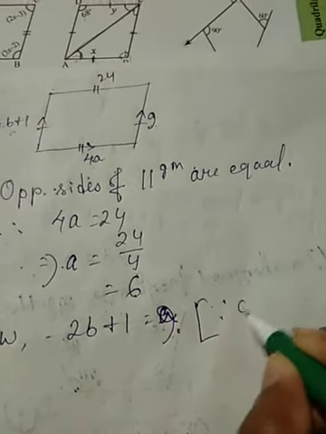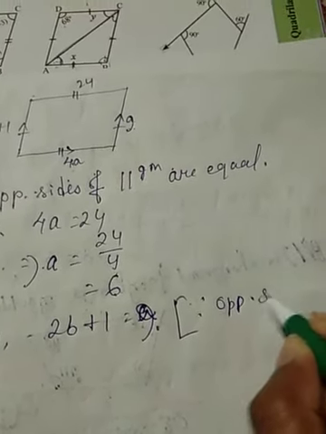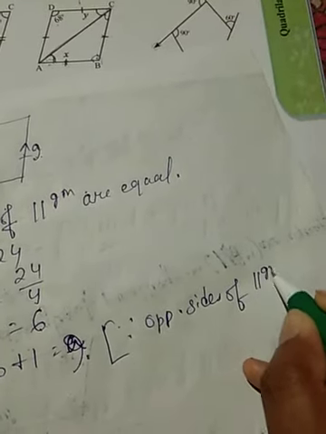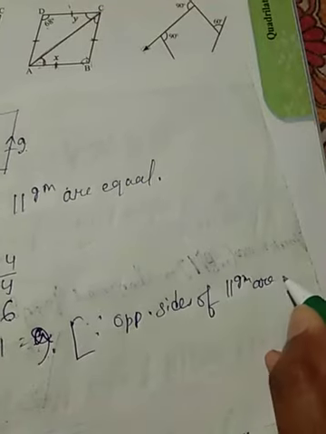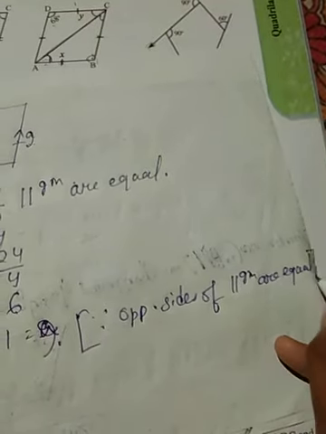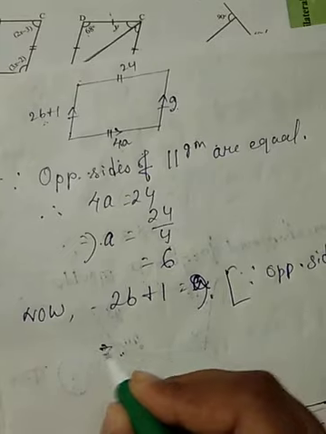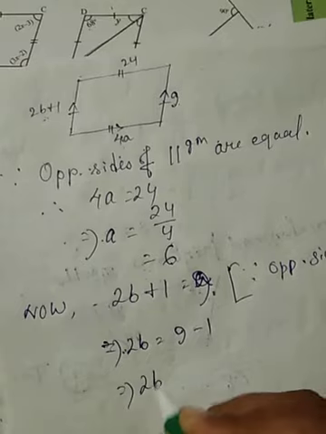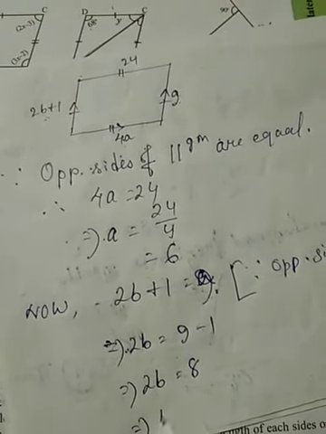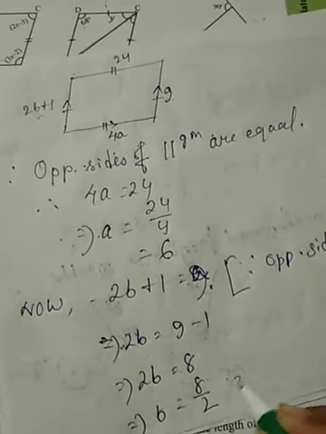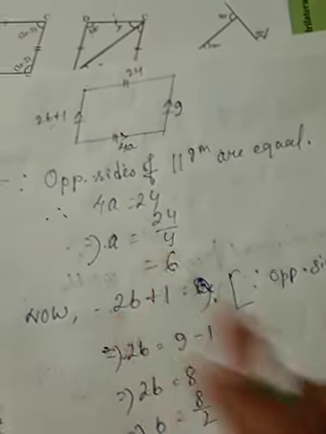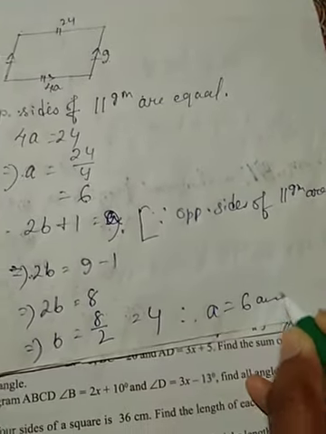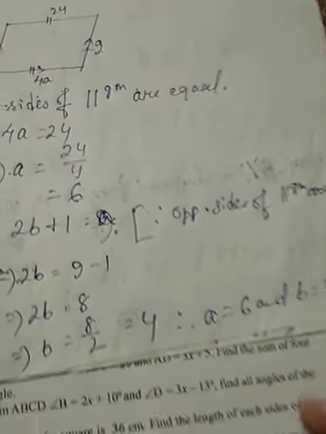Since opposite sides of parallelogram are equal, implies twice B equal to 9 minus 1, then twice B equal to 8, implies B equal to 8 by 2 equal to 4. Therefore A equal to 6 and B equal to 4.